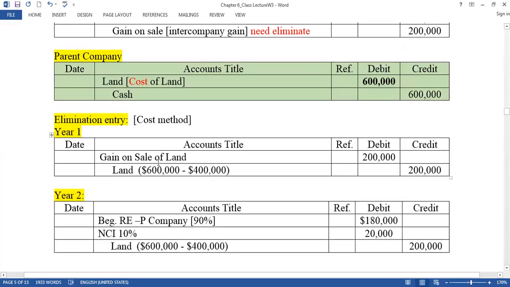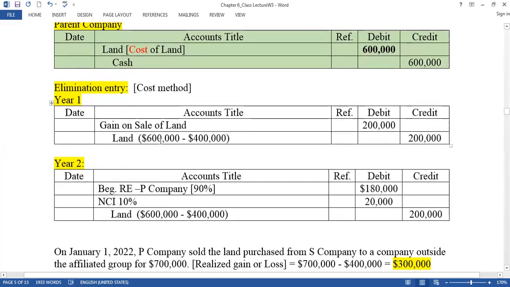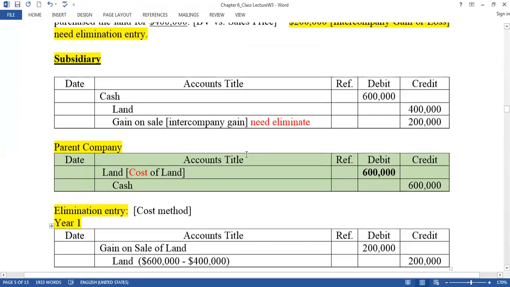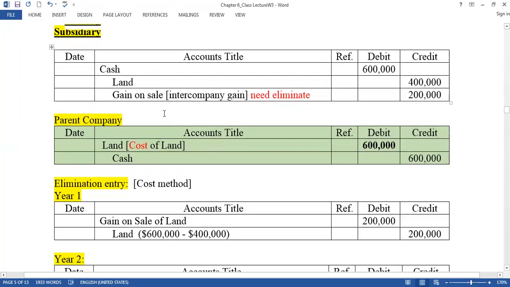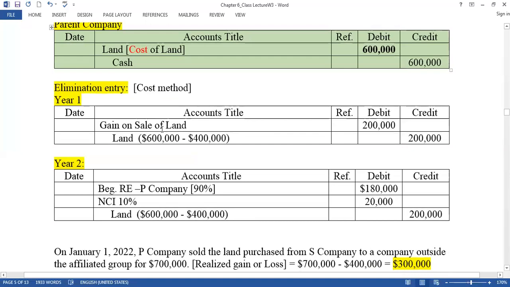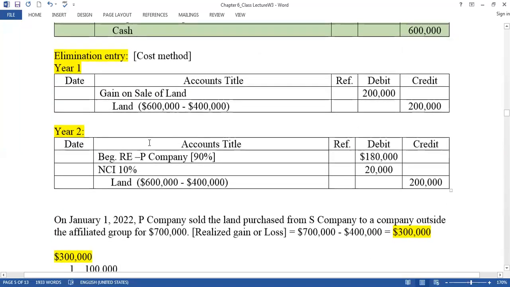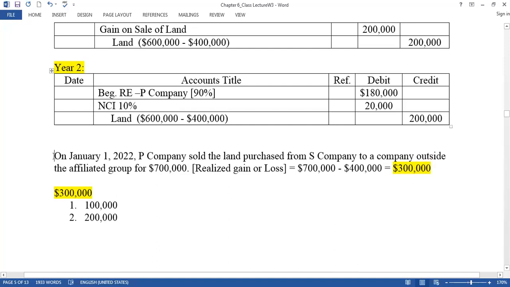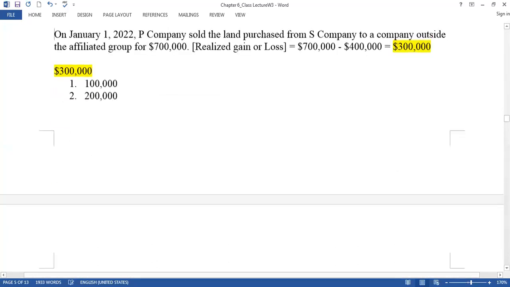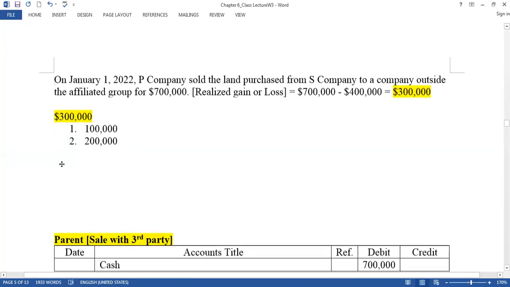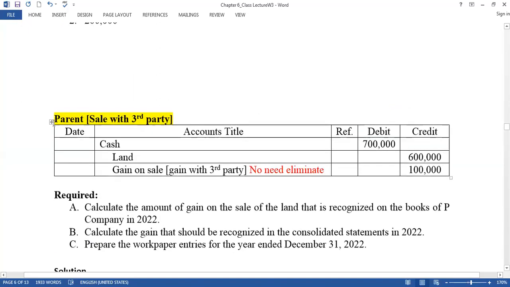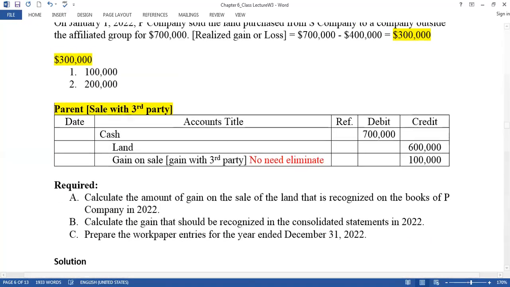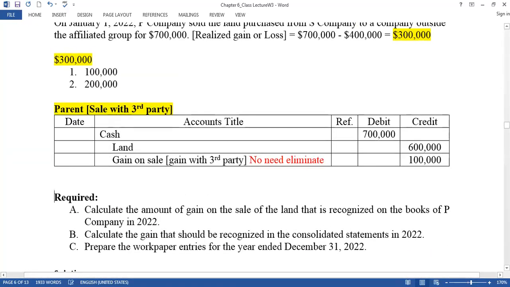So we have this sale inside the company, but look at here. When the parent company sells the asset to a third party, this is the journal entry for the parent company.